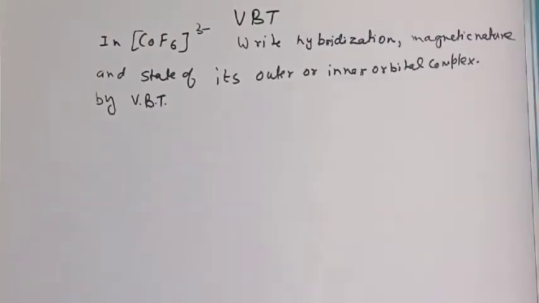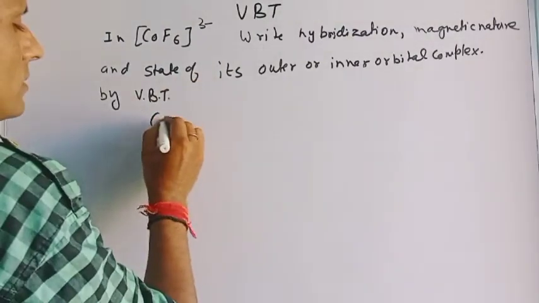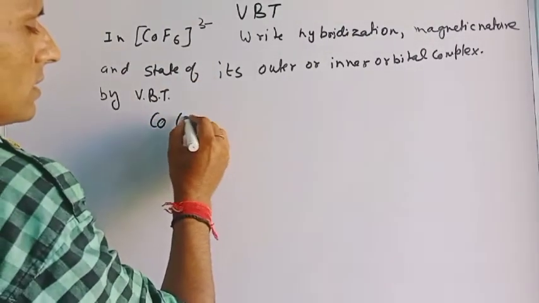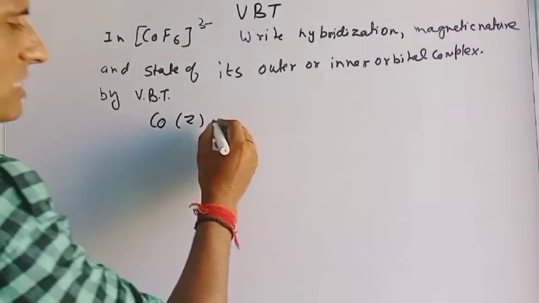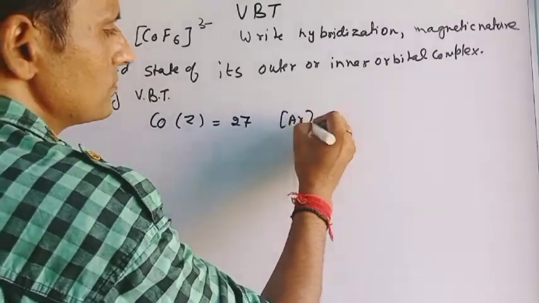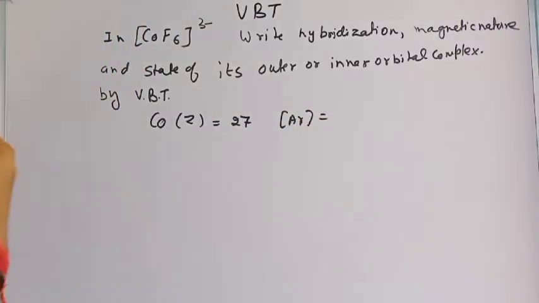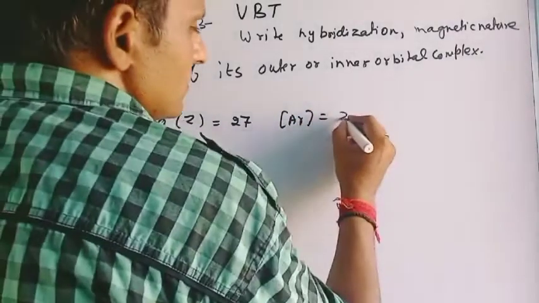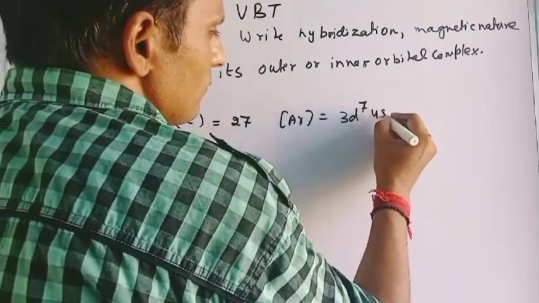So as we know, the atomic number of cobalt is 27 and its configuration is 3d7 4s2.